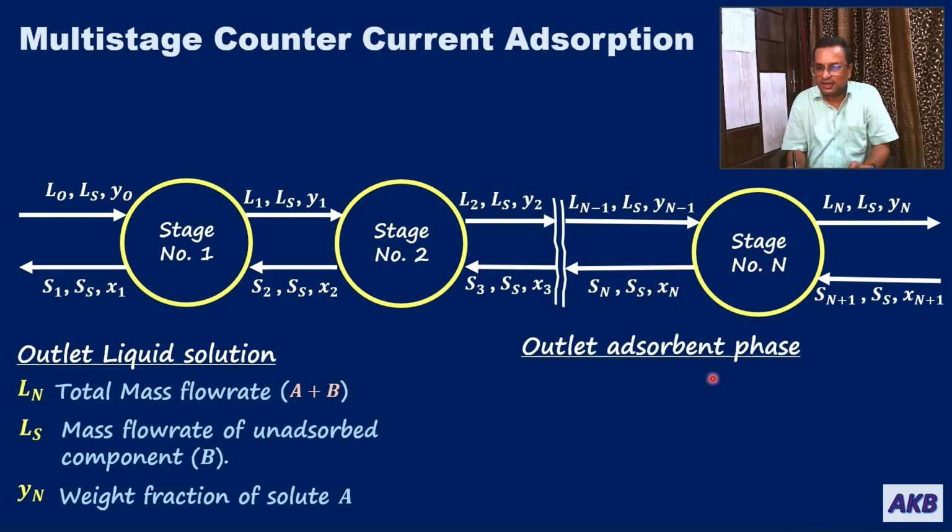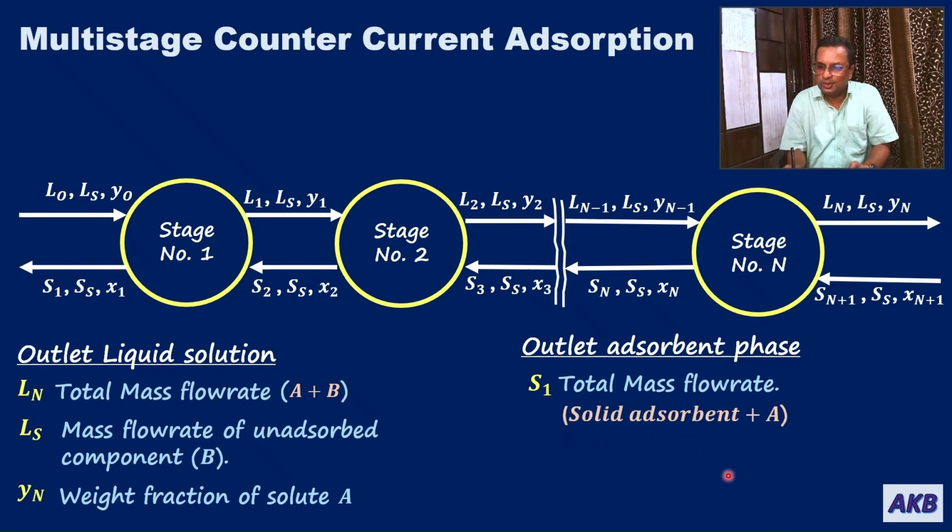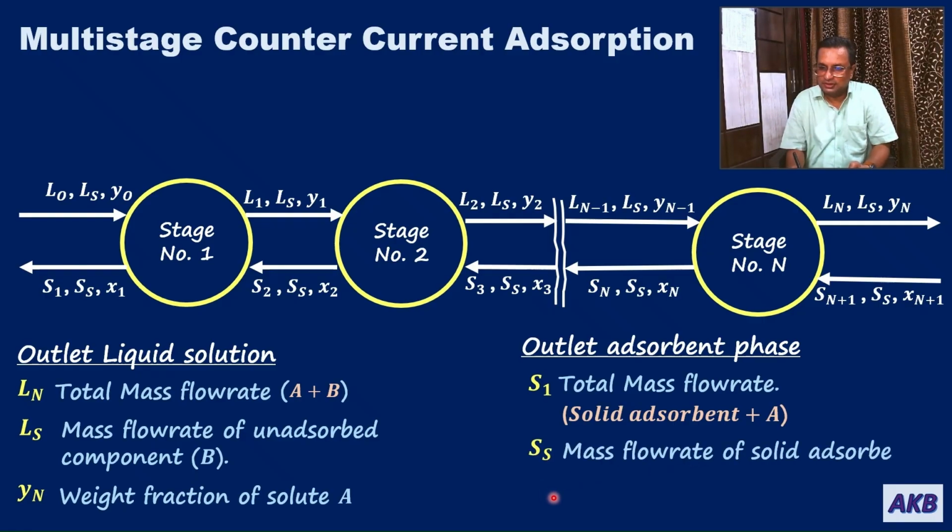Then for the outlet adsorbent phase, which comes out of stage number 1, S1 is the total mass flow rate for the adsorbent phase, that is solid adsorbent plus adsorbed solute on its surface. Then SS is the mass flow rate of the solid adsorbent, which again remains the same, unchanged.